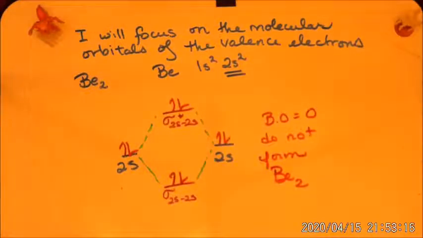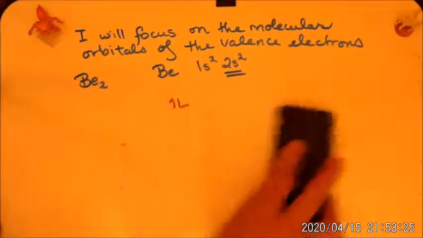All right. So much for that. Let's take a look at those elements that have p orbitals. Okay? Now what happens is with the s, since we're talking about 1s and 2s, they don't interact. But now if we're talking about 2s and 2p, we have basically two situations.